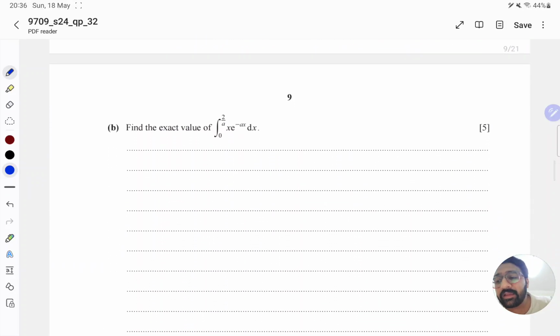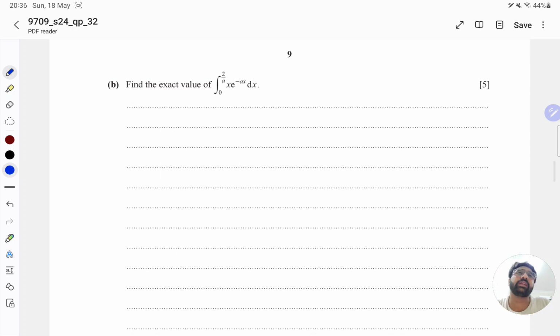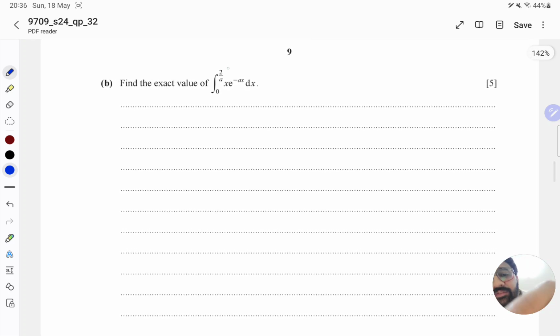Let's move to the b part. The b part says that find the exact value of this. We have to do the integration, and the limits are from 0 till 2 divided by a. So we have to apply integration by parts. So let it be u and v, the first one u and the second one v.